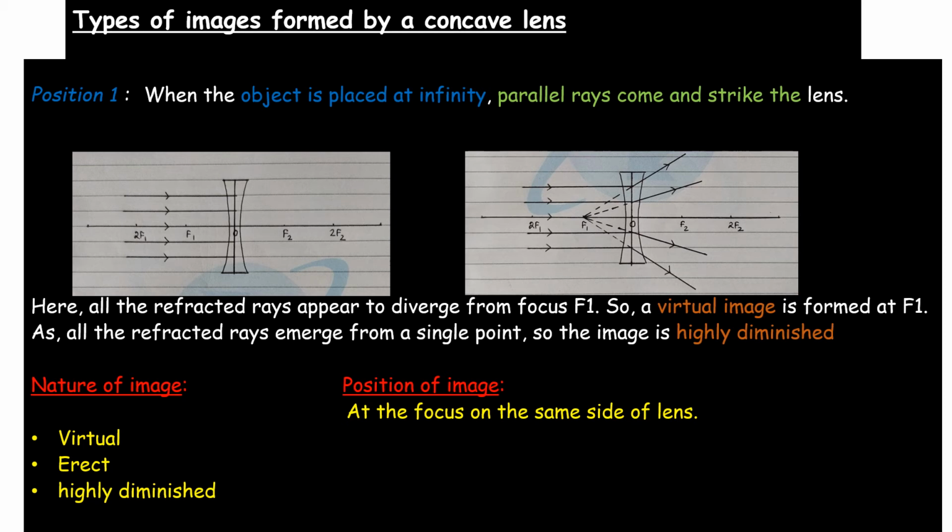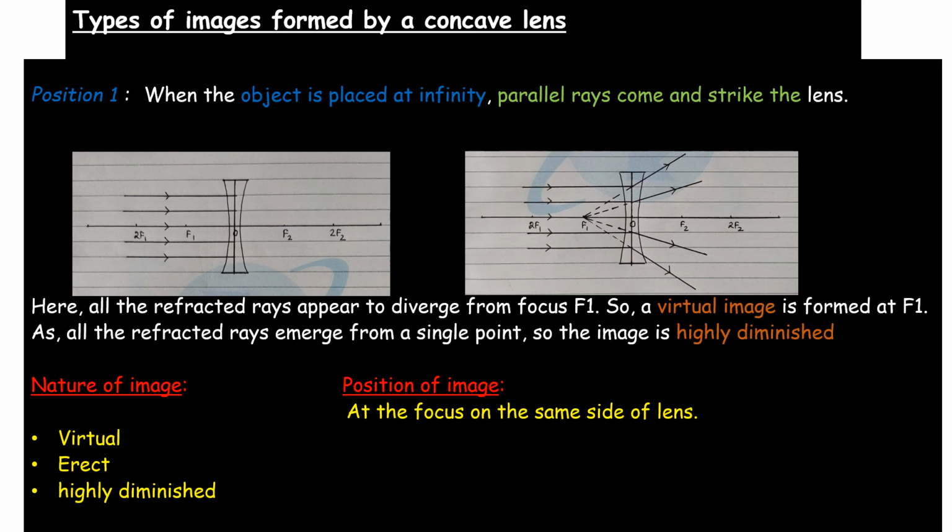You can see that there is a bunch of divergent refracted rays. So they can never meet. So if you produce them backwards in your imagination, then you will see that they appear to come out of a point on the principal axis, and that is called focus F1.